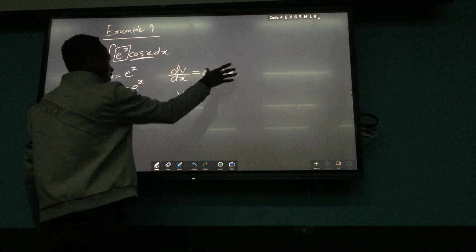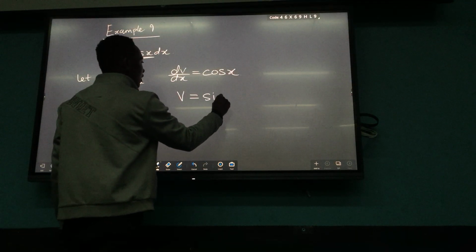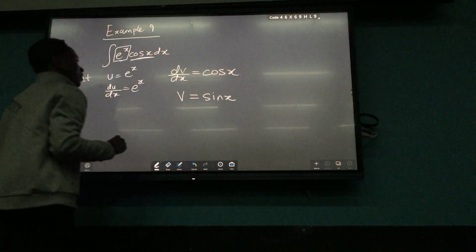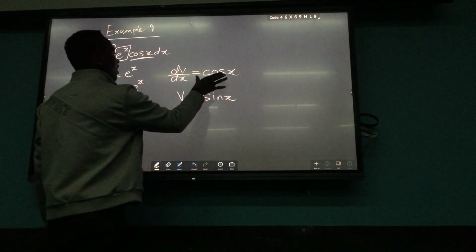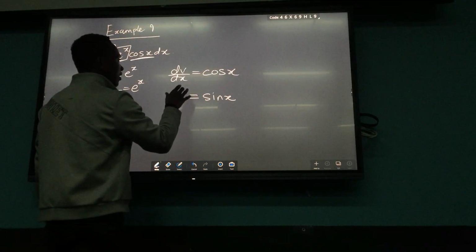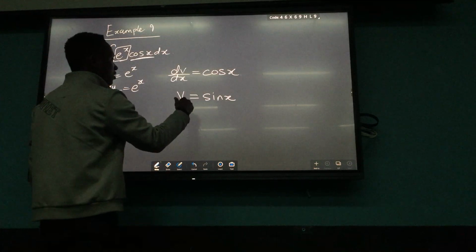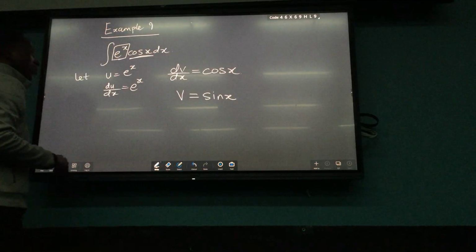The antiderivative of cosine of x is sine x. Remember, with differentiation, the derivative of cosine is minus sine, but with integration it's the exact opposite. We're going to get that integral as sine of x.